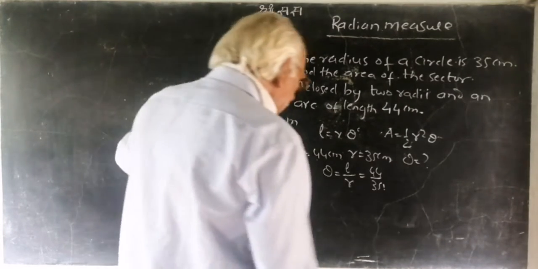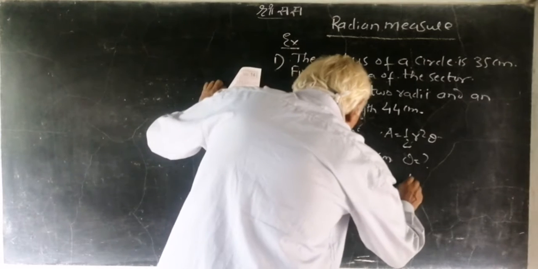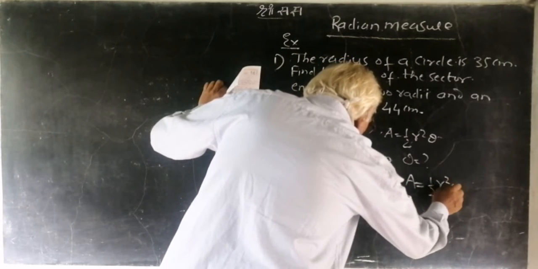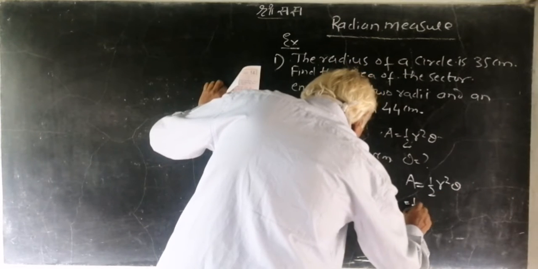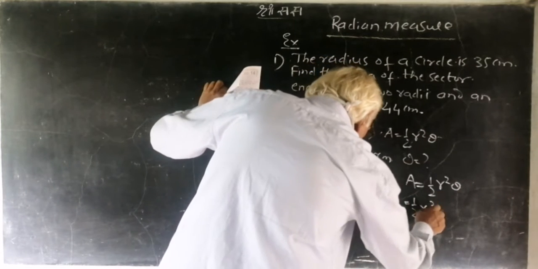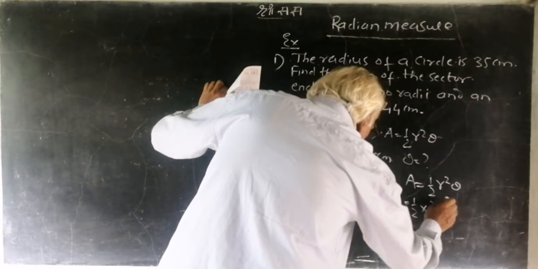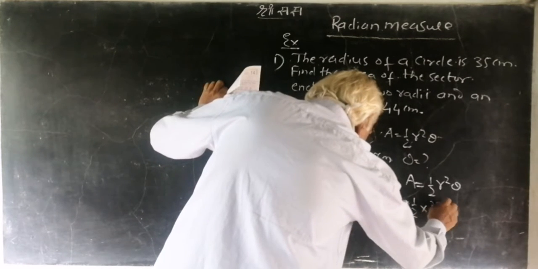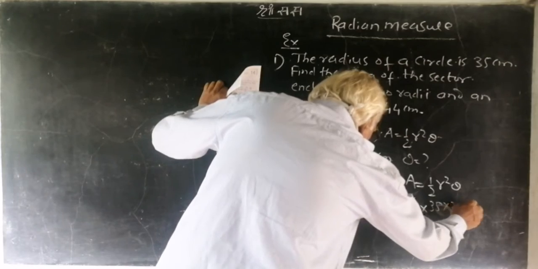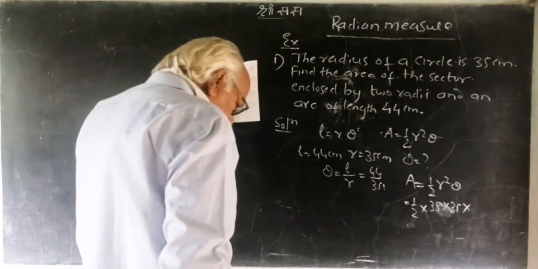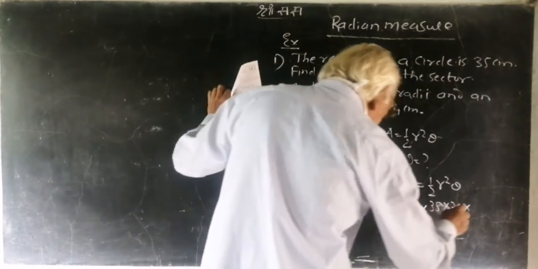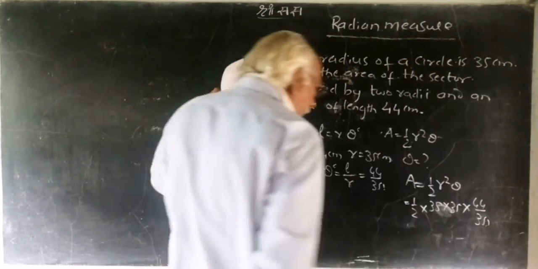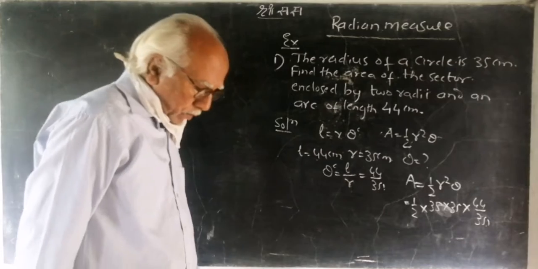Area is equal to half r square theta. So half r square is, 35 square means 35 into 35 written twice, and that theta in radians is 44 upon 35.